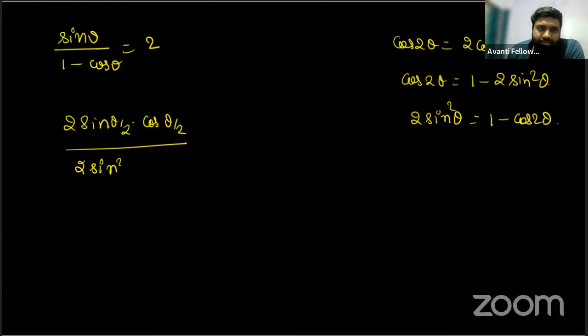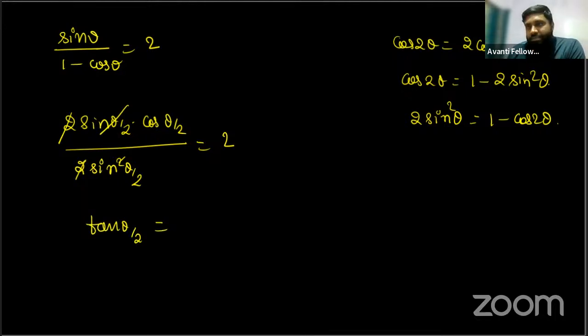So we have 2 sin theta by 2 cos theta by 2 over 2 sin square theta by 2 equals 2. 2 and 2 cancel out, sin theta by 2 cancels out, so you will have cos theta by 2 over sin theta by 2, which is cot theta by 2, and if you invert it, you will get tan theta by 2 equals 1 by 2. Now this is theta naught, so let's say this is theta only. So theta by 2 is tan inverse 1 by 2.